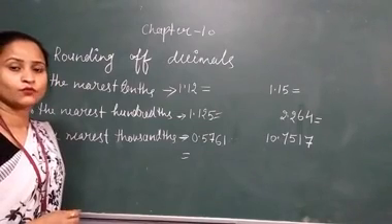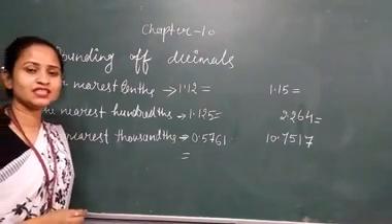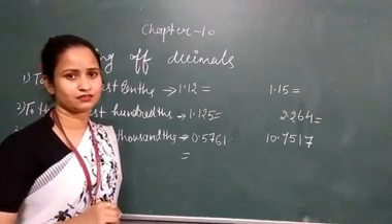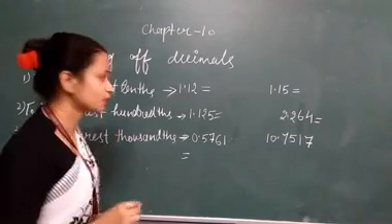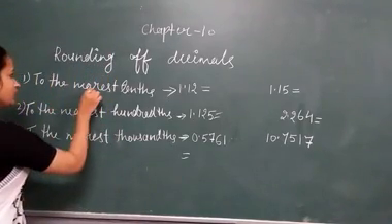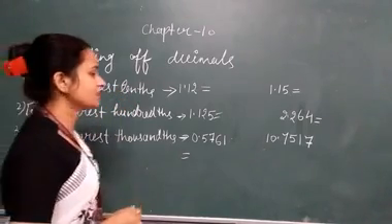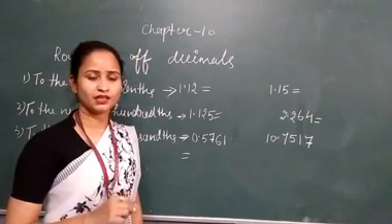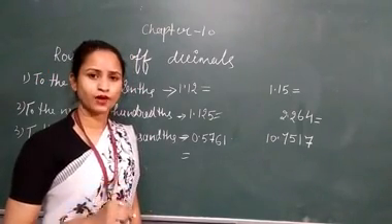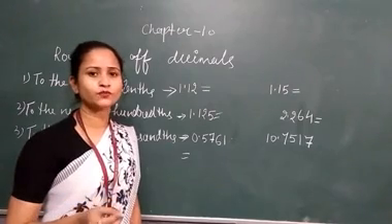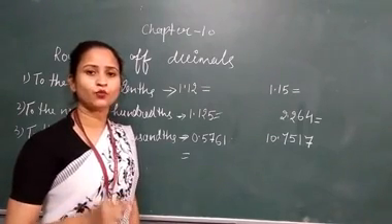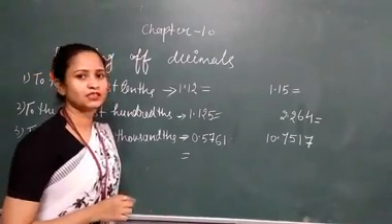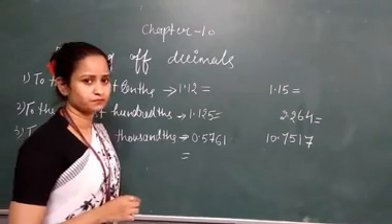For this, we see the digit in the hundreds place. I repeat. For nearest tens, we see the digit in the hundreds place. If it is 5 or more than 5, then we add 1 to the digit in tens place.